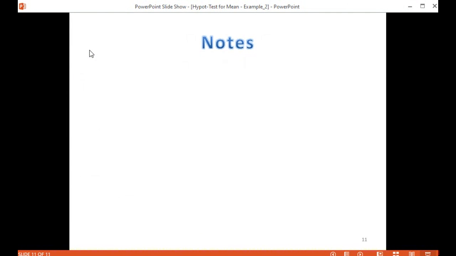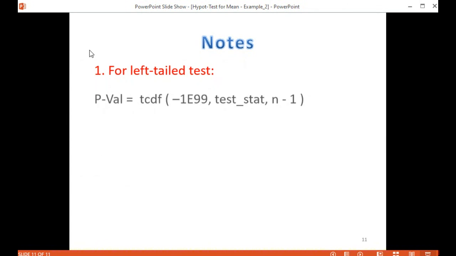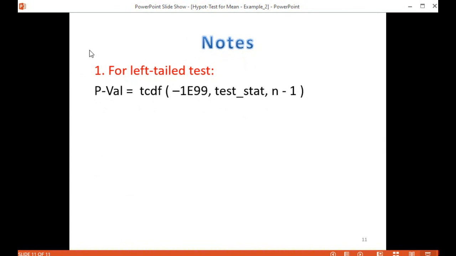So, a couple notes. For left tail tests, the p-value is that TCDF, but remember now you're going from negative infinity to the test statistic. So it would be -1E99. That's our approximation for infinity. And we need the degrees of freedom, the n-1.